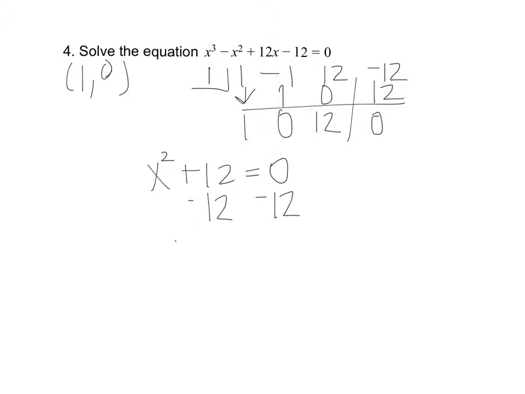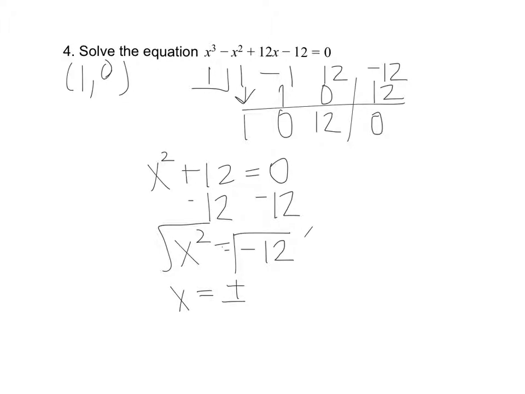So we end up with x squared equals negative 12. Now that x squared is isolated, we're going to take the square root of both sides. We end up with x equals, always have plus or minus when we use the square root property.